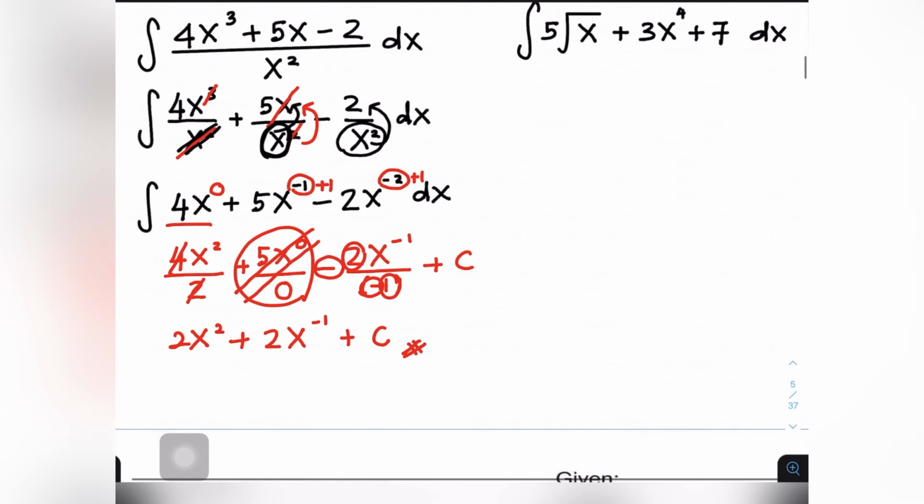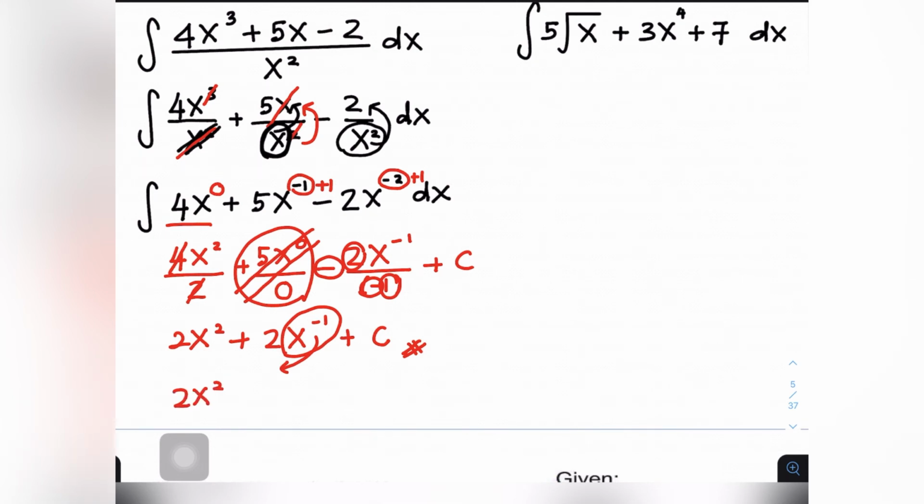You can leave your answer like this, or you can choose to bring back your x. Because you see here, your x is in the negative power. So what you can do is change the position of your x so that the power will become positive. You will bring back your x to the denominator. So what you will get is 2x to the power of 2 plus 2 divided by x to the power of 1.